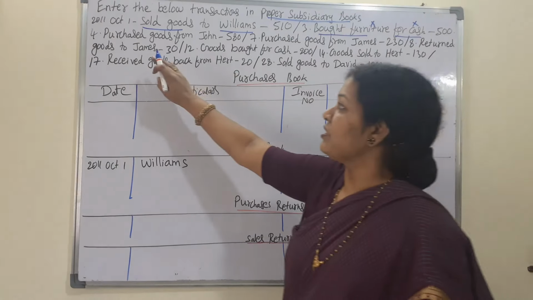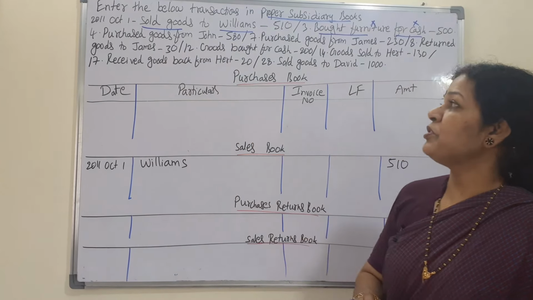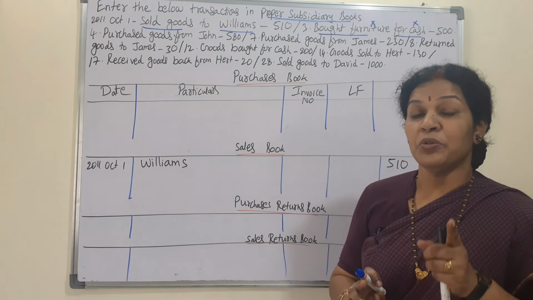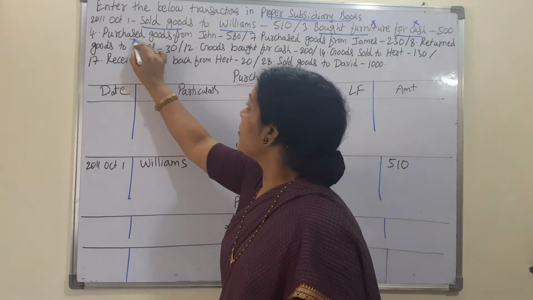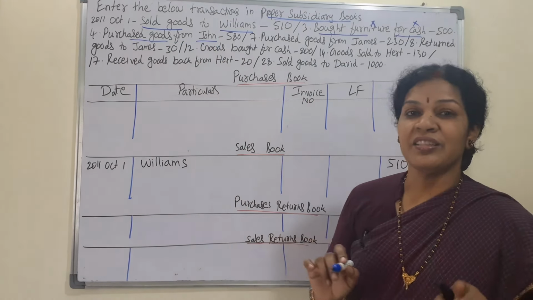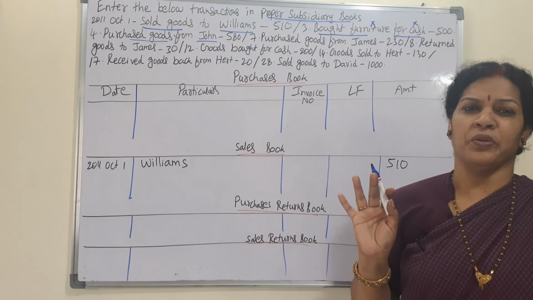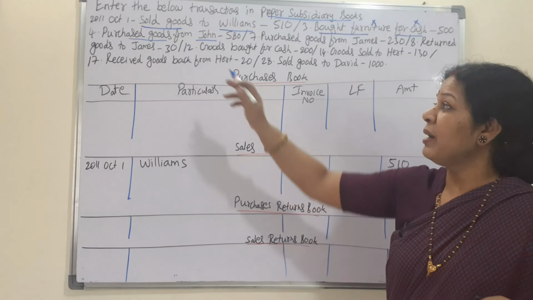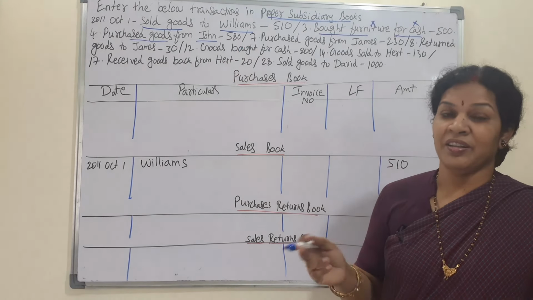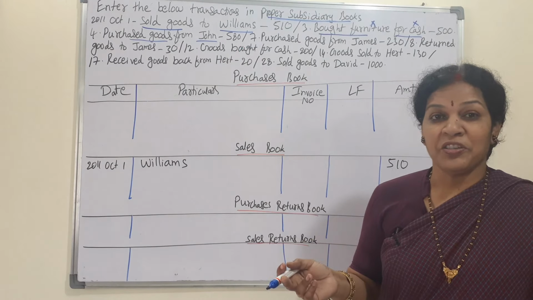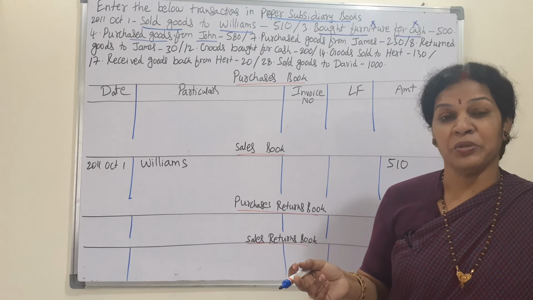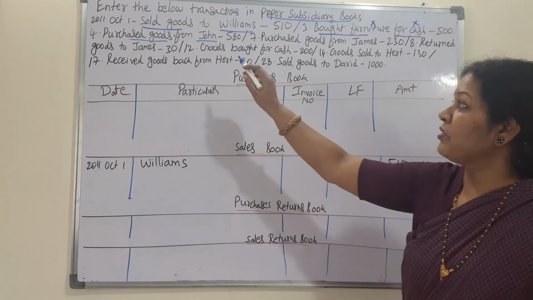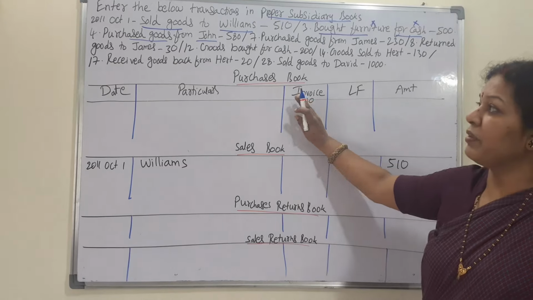Next, the fourth one is here. Purchased goods from John. This is purely the purchase book. This comes under the purchase book because cash is not mentioned and asset is also not mentioned. So it is related to purchases. Purchased goods from John means we can write it in the purchase book.